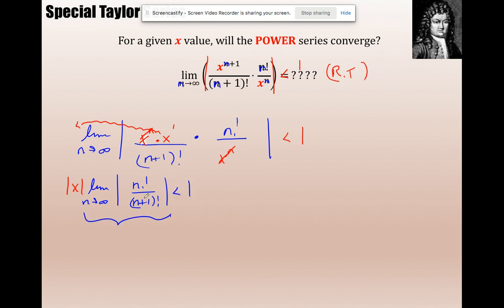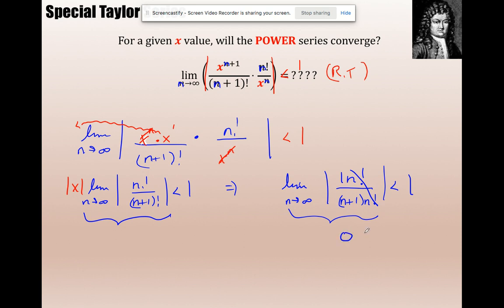Evaluate this limit. Do you remember what this is going to go to? I'm just doing the blue limit part. What is this? Cancel those out. So I have 1 over n plus 1, bottom heavy. Where does this limit go?